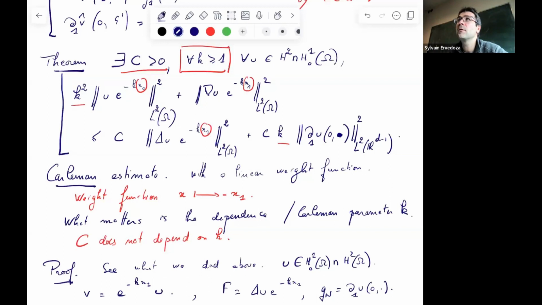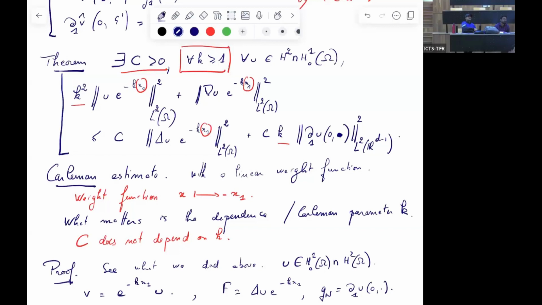And k can be made arbitrarily large. In some sense, k quantifies the level of instability that you want to consider. What I claim is that embedded into this inequality, you have a unique continuation property for the Laplace operator, simply because k can be made arbitrarily large. I will explain it precisely tomorrow.